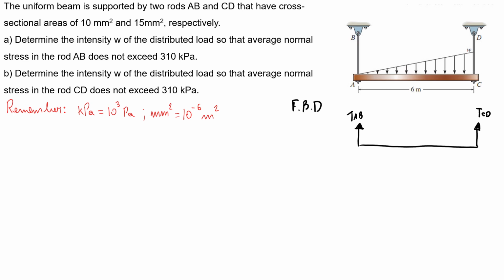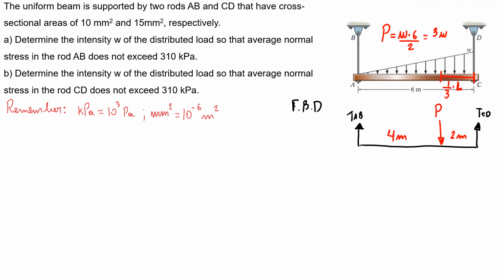I recall for our triangular load, I'll have an equivalent load that is omega times 6 over 2, so 3 omega is my load, and I know its location is 1/3 from the beginning of my triangle, 1/3 of the length of the beam, in that case 6. So I can position my equivalent load P 2 meters from the end C, because it's 1/3 of L, and 4 meters until my end A.